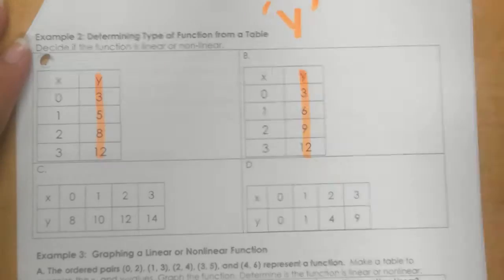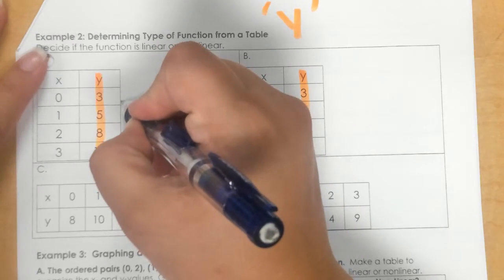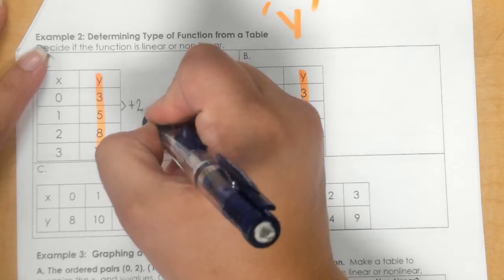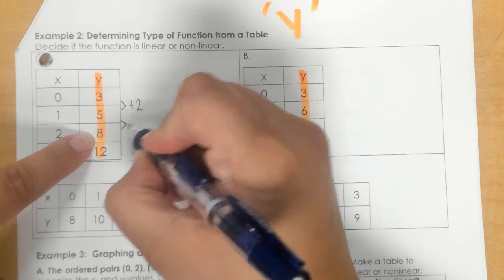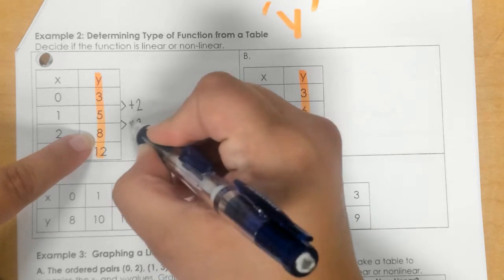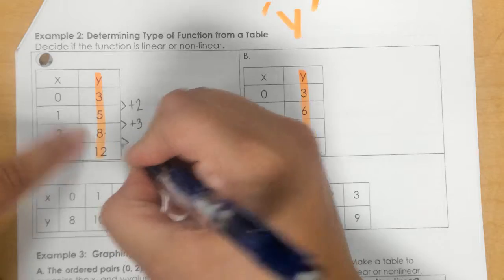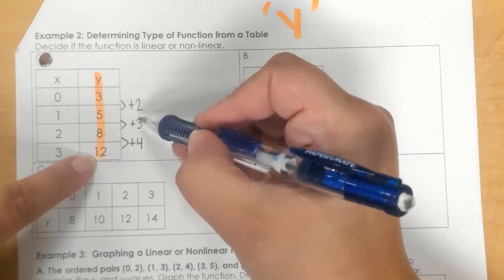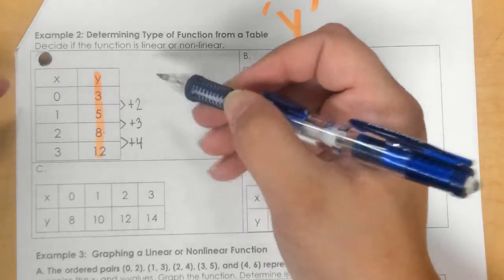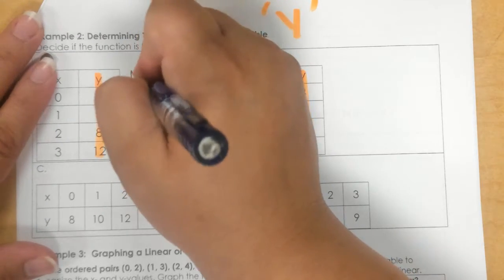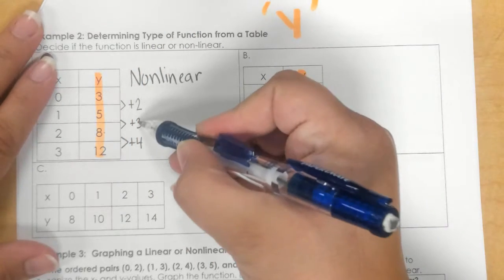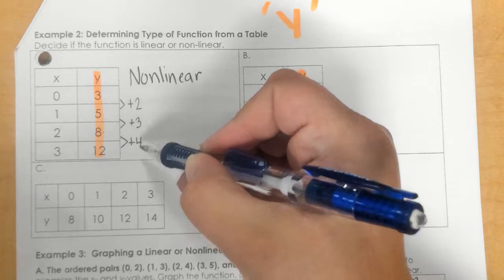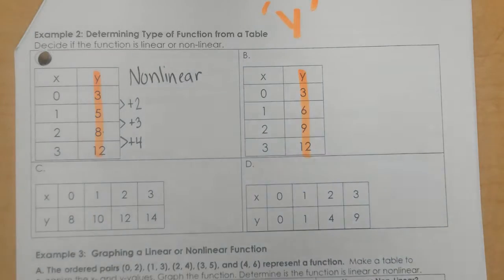Well, from 3 to 5, that increases by 2. And then if I go from 5 to 8, that increases by 3, because 5 plus 3 is 8. And then from 8 to 12, that's an increase of 4. So even though there's a pattern here, it's increasing by 1 more each time, this is actually nonlinear. And that is because these numbers here are different each time. If they were the same number, it would be linear.